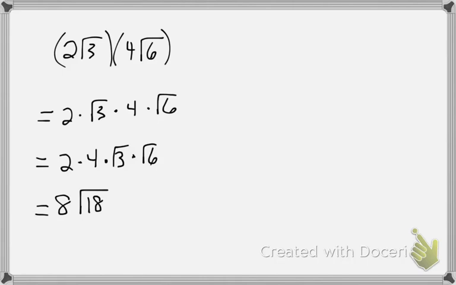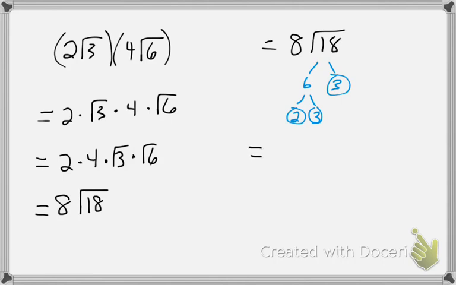However, this does simplify. Yep. 18 breaks down into 6 and 3 is fine. Where 6 breaks down into 2 and 3. It's a square root, so I need a square. Do I have a square? So what can I bring out?